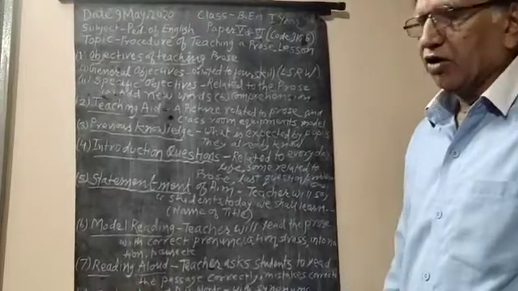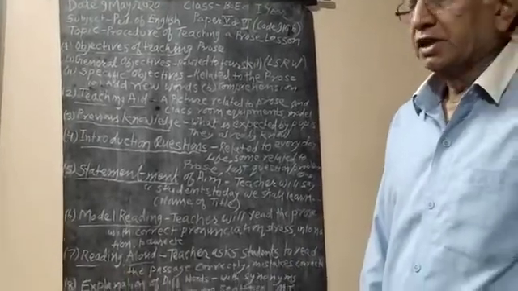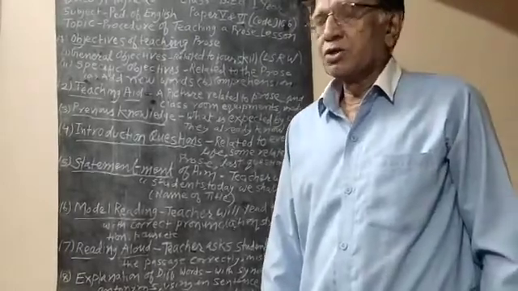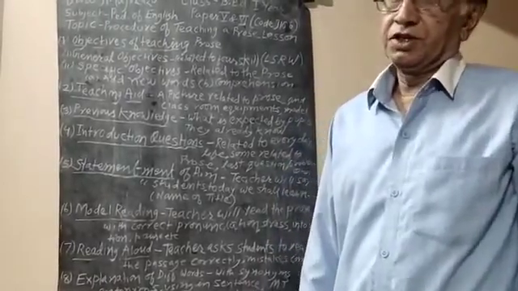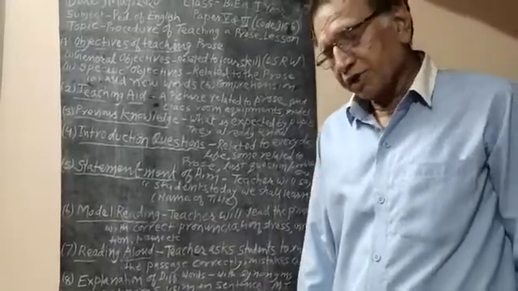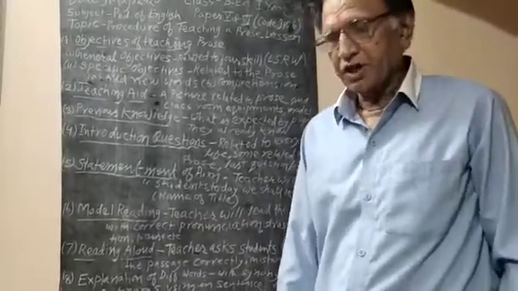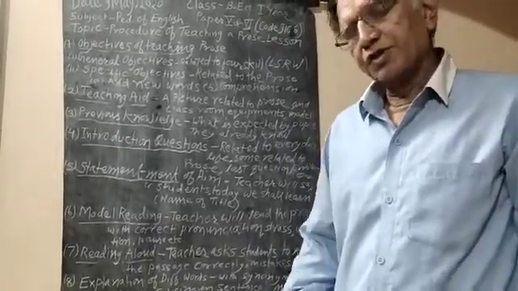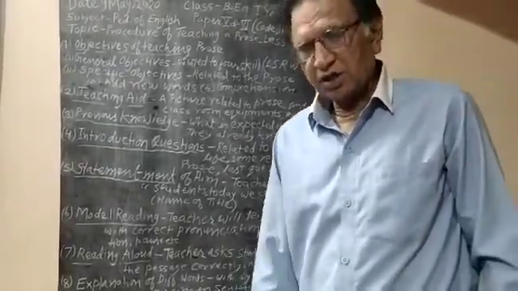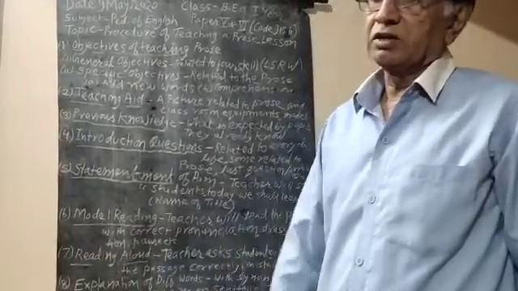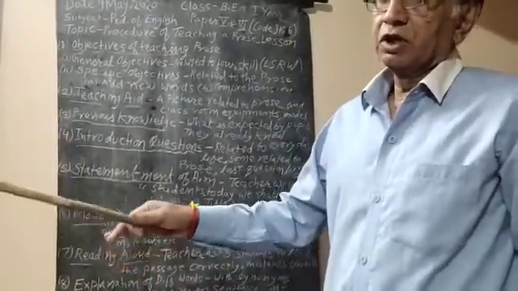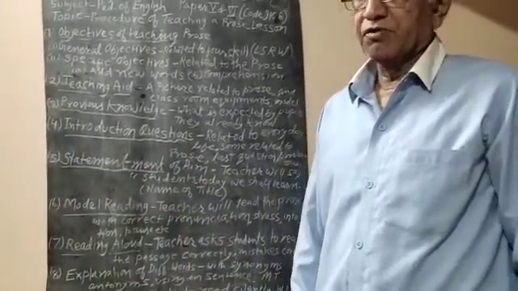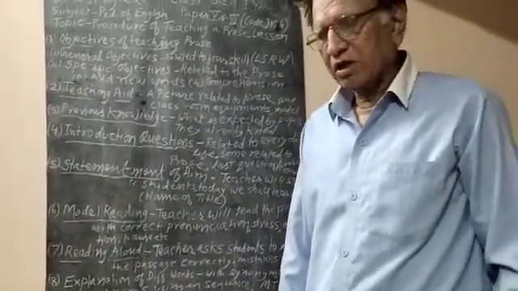And reading aloud or aloud reading, that is, the teacher asks the students to read the passage with correct pronunciation, stress, intonation, pause, etc. You all know pronunciation means uchcharan. Stress means balagat, to give highlight, to highlight some word or some syllable.